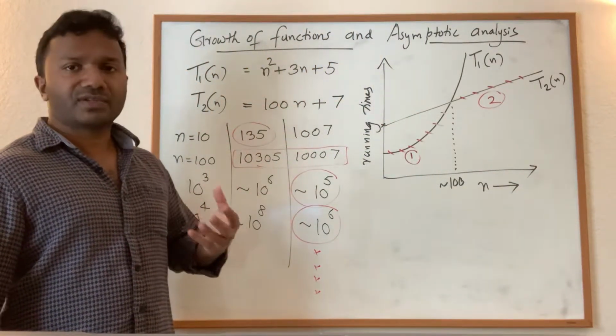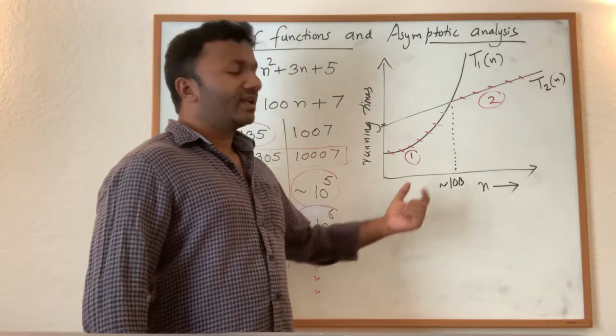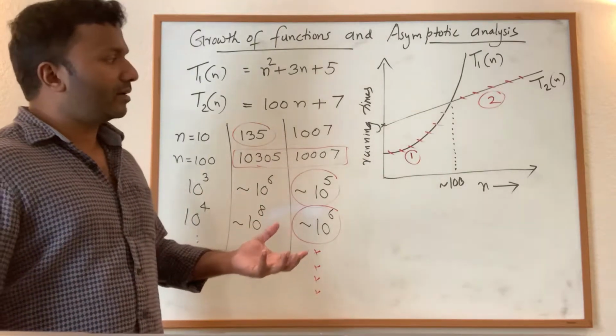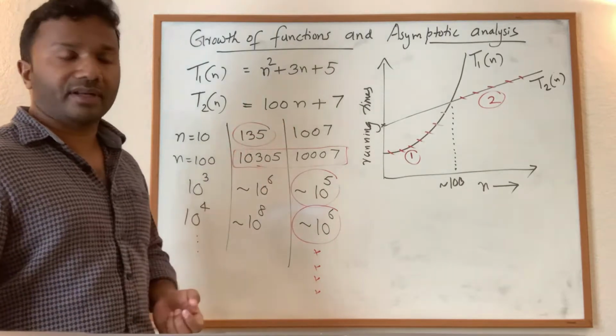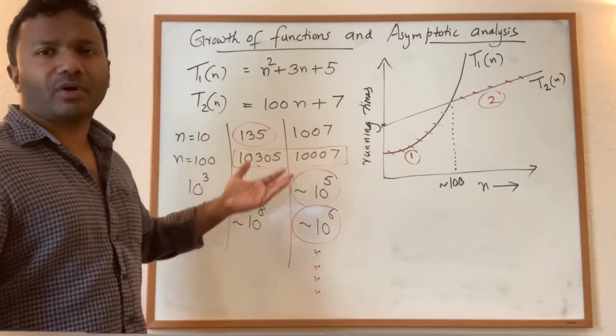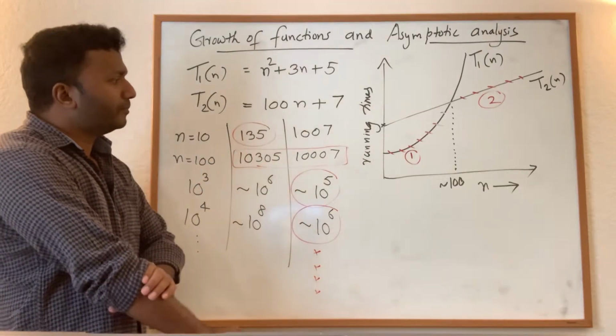One way to convince you is this. Look here. Here the input size is small, like 100, and in that case even the running times are really small numbers, like 100, 1000, 10,000. These are really small numbers for a computer nowadays, right?